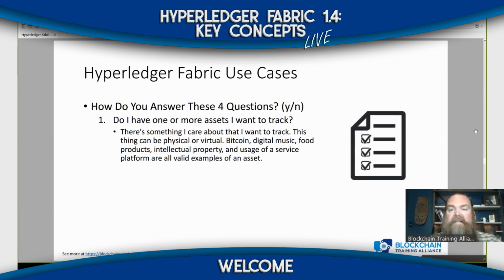A patent application, some intellectual property, a piece of digital content, ownership in an organization. All of these are examples of asset, but a blockchain solution is all about tracking the life cycle of some kind of asset. So things like Bitcoin, digital music, intellectual property, all could be assets.